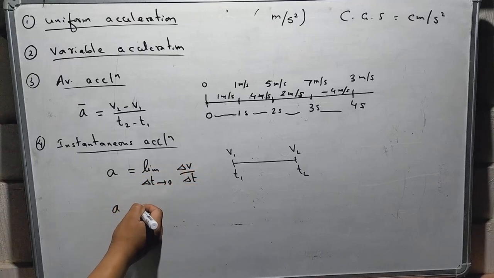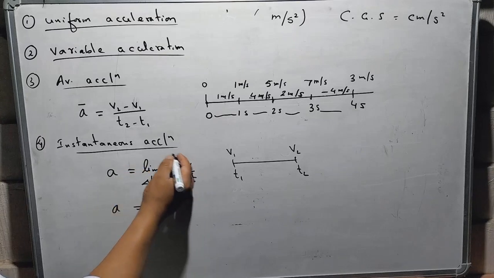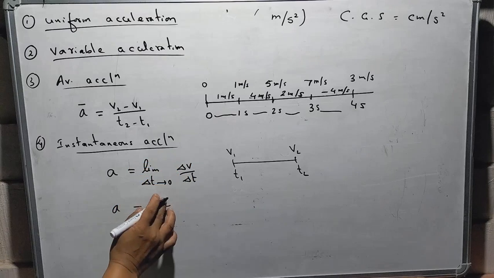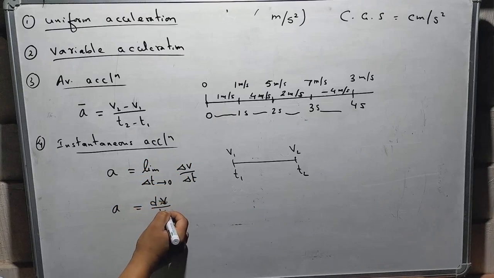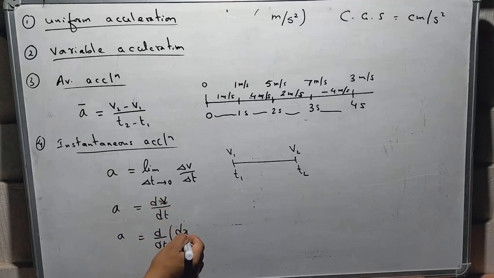Instead of this limit, we can write dv upon dt, or a equals d by dt of v. You know v is dx upon dt, so I can say acceleration is equal to d2x upon dt2. So this is the instantaneous acceleration at a time t.